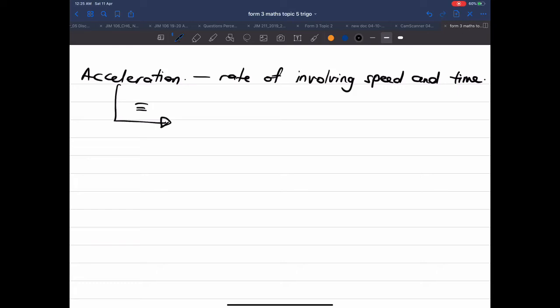Acceleration is equal to change of speed divided by time taken. Okay, so acceleration is equal to change of speed divided by time taken, and from here you'll get another formula.